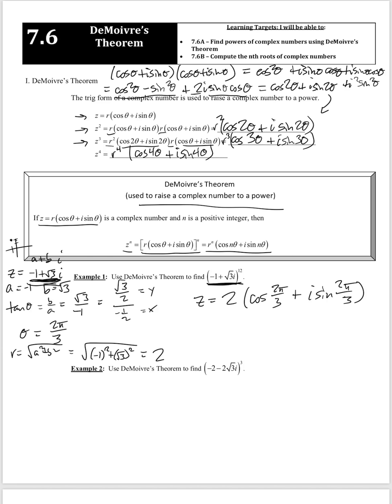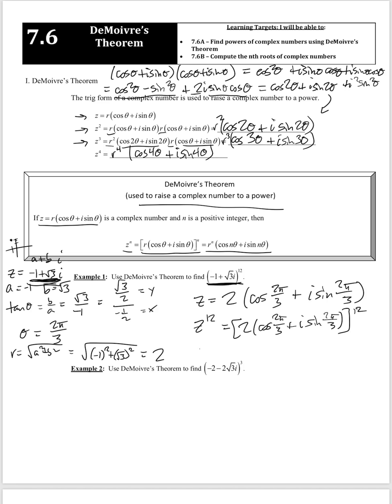Now that we've converted it to polar form, we can raise it to a power using DeMoivre's theorem. So let's do that. I want z to the 12th power. So that's going to be 2 cosine of 2pi over 3 plus i sine 2pi over 3, to the 12th power.